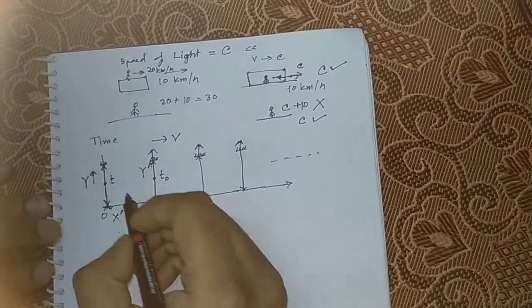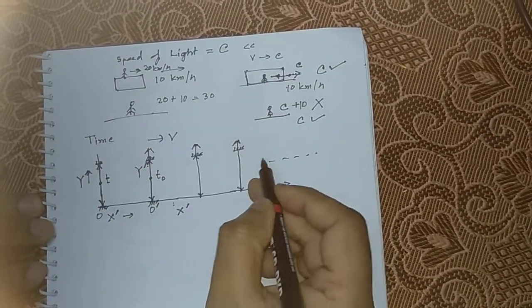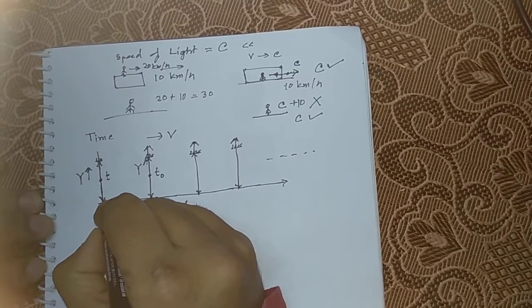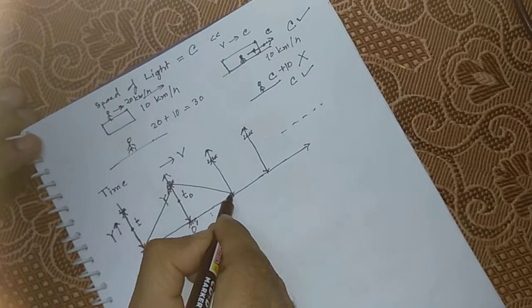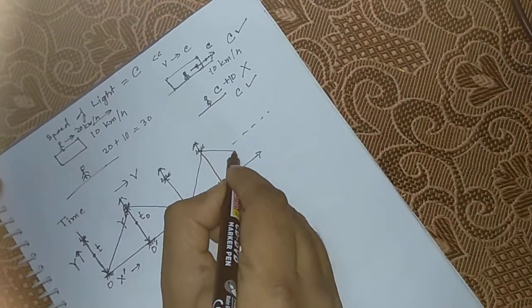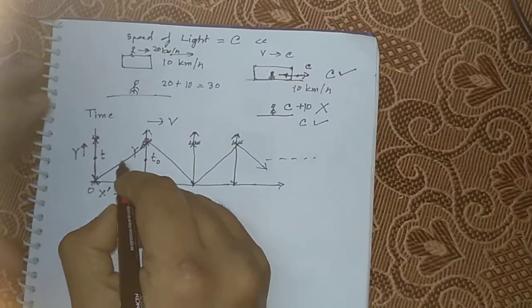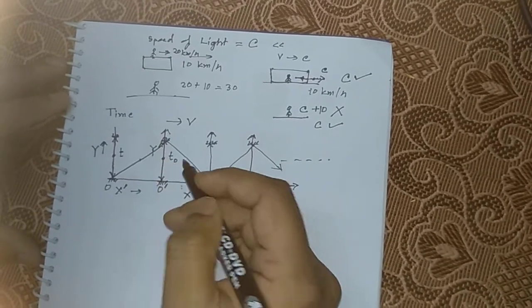Since this reference frame has velocity v, I see the light taking a longer path, going from one point to the next and so on. So I see the photon beam taking a longer path compared to this.